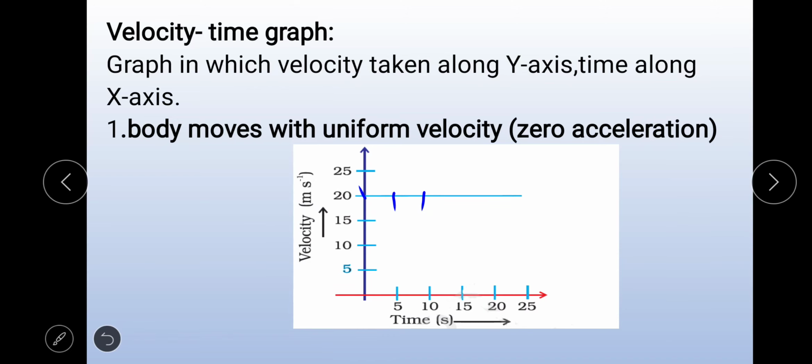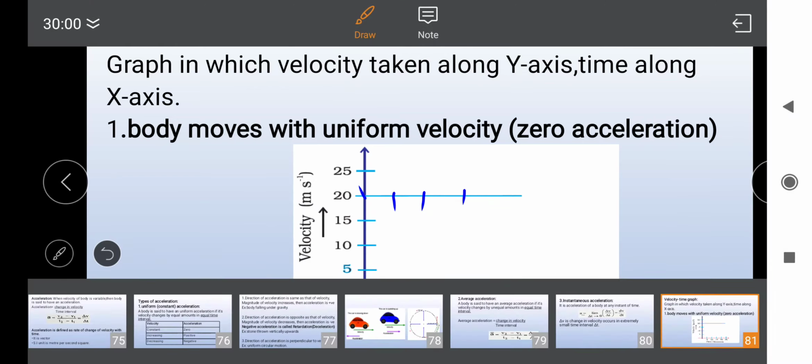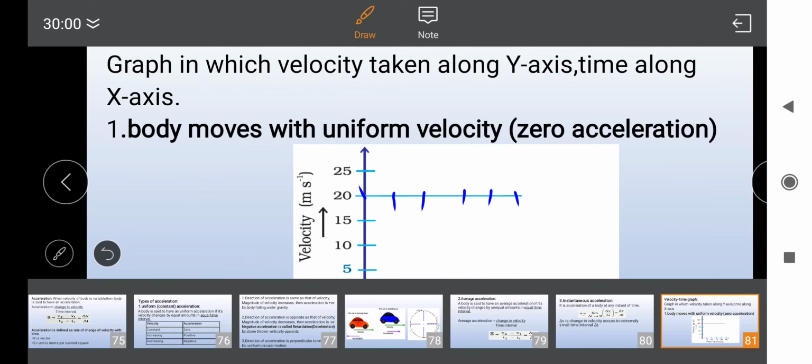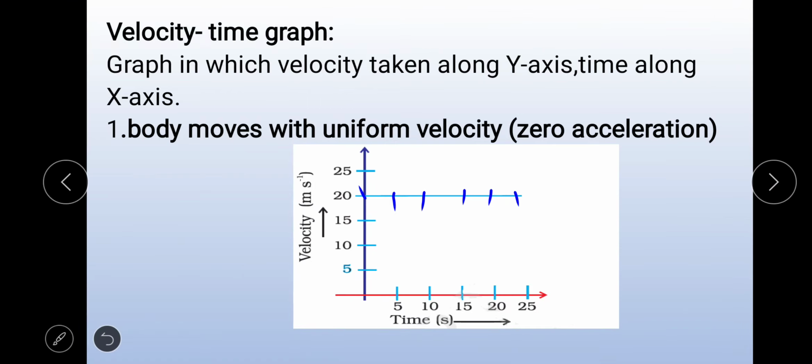So it is continued for 15 second, 20 second and 25 second. Okay. So now joining these points, we get straight line parallel to x-axis. Okay, straight line parallel to x-axis. So this is the graph nature.